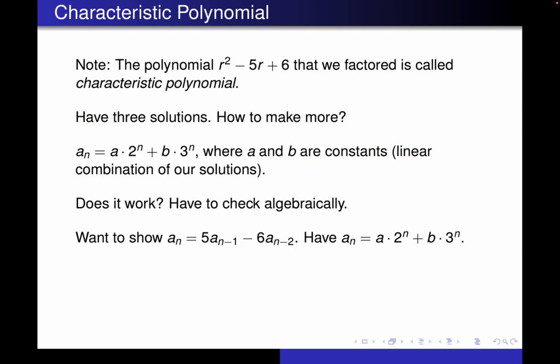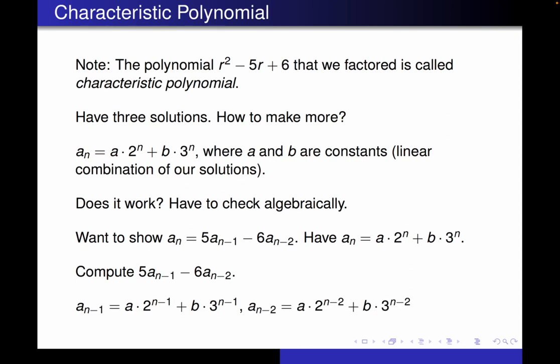Our formula says that a_n is equal to a times 2 to the n plus b times 3 to the n. If we want to find out what 5a_(n-1) minus 6a_(n-2) is, we have to figure out what a_(n-1) is. We just take our original formula and put n minus 1 instead. We need to know what a_(n-2) is. We take our original formula and put in n minus 2 instead.